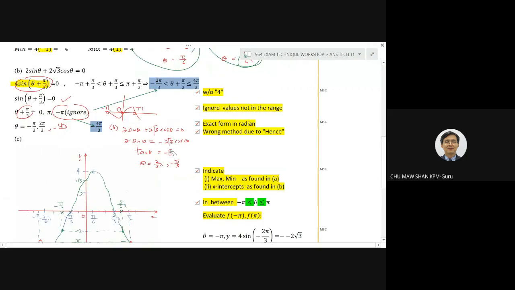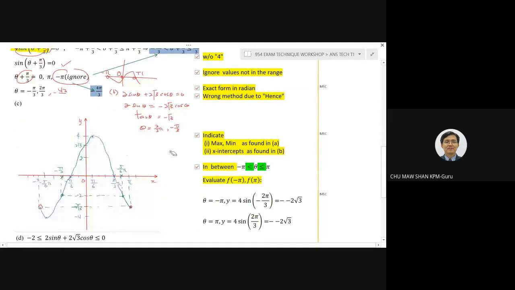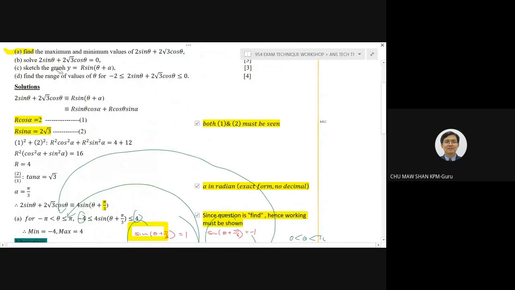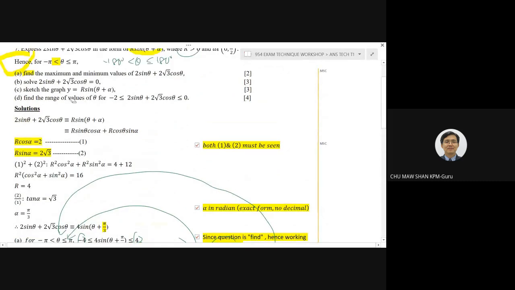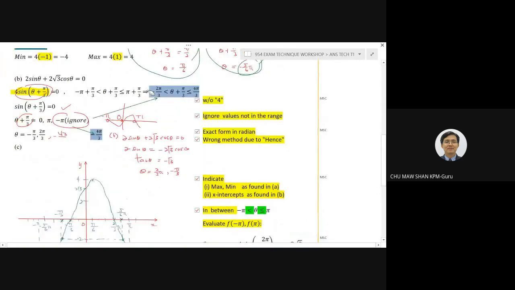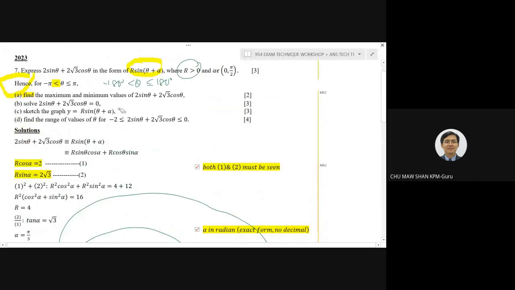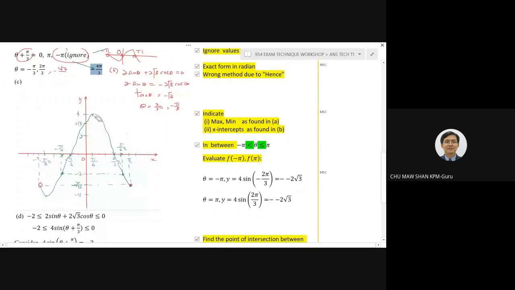Okay, I go to the next. Graph. Now see. Sketch the graph of y equal to 4 sine. So actually, to sketch this graph, you already have the information about the maximum point and the minimum point. You also have the information about the x-intercepts. For answer B, those are the x-intercepts. Okay, so you look. Our graph must have the maximum point with its correct coordinates indicated. 4 is the maximum.